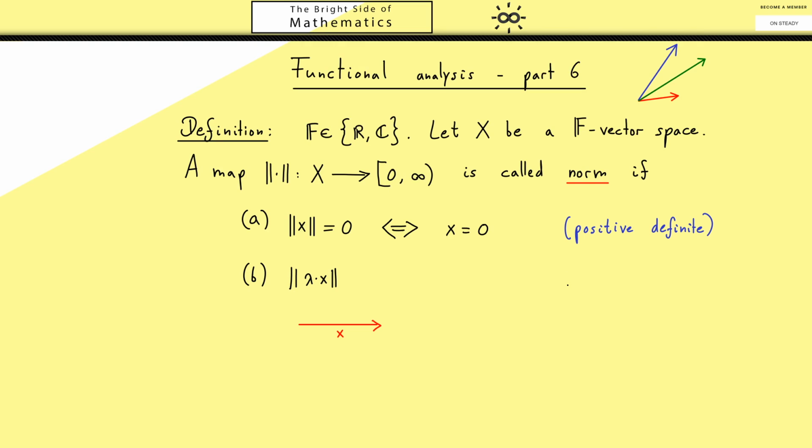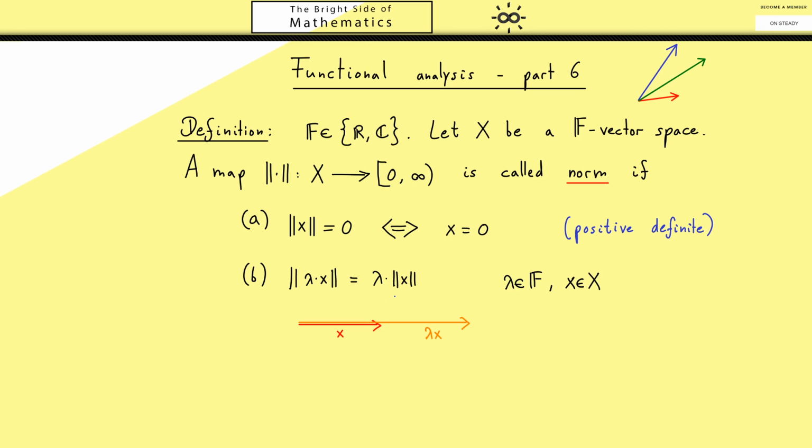Scaling here means we have a vector x and multiply it from the left with a scalar, so a number lambda in F. In the picture you always visualize that with the arrow getting longer or smaller depending on lambda. Hence the norm has to satisfy this, which means the length gets also multiplied by this factor lambda.